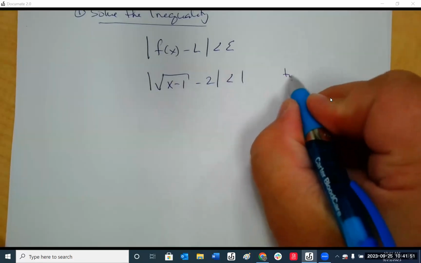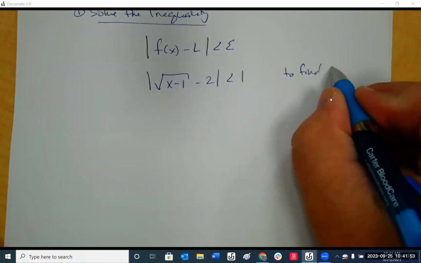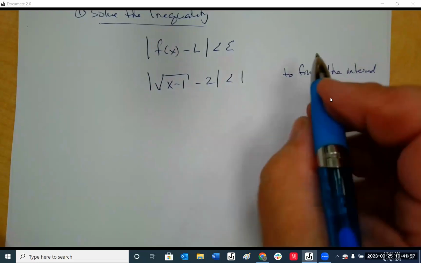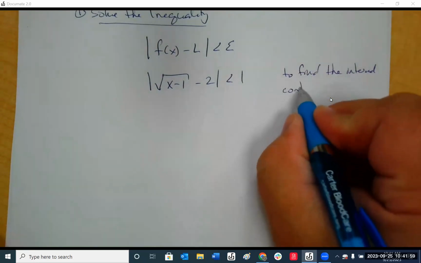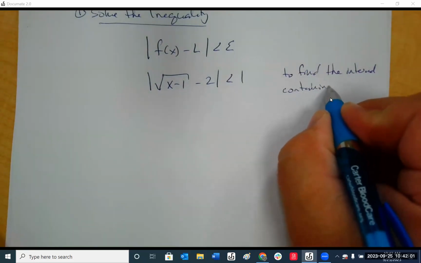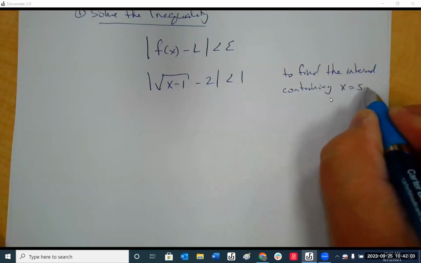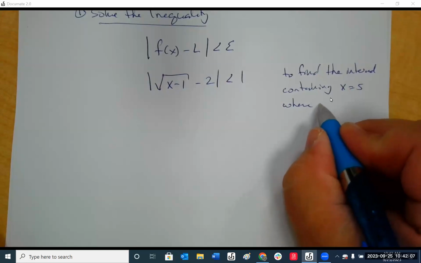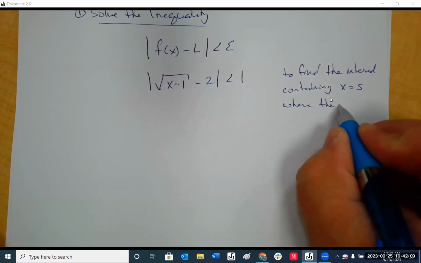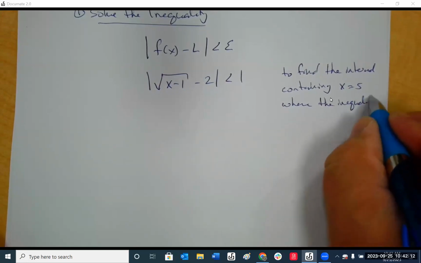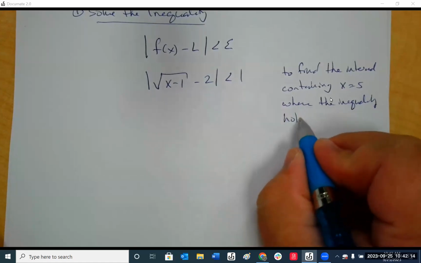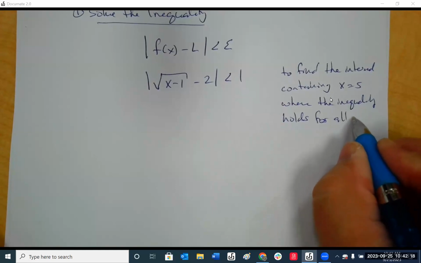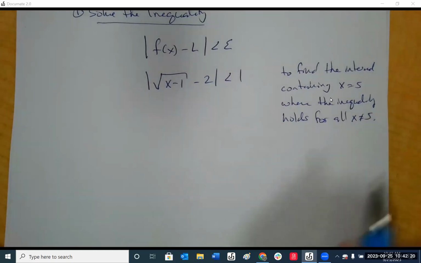We do this to find the interval containing x equals 5, where the inequality holds for all x's not equal to 5.